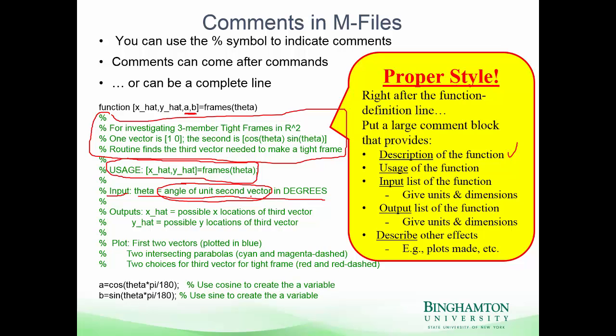I'm telling you it's the angle, and I'll often say whether I'm expecting an input to be a scalar or a vector. We'll maybe see some examples of that as we go through this further. But it's also important to tell somebody about the units that you're expecting, so that they know what units to put it in.